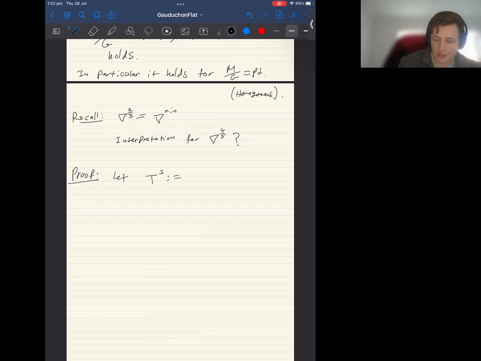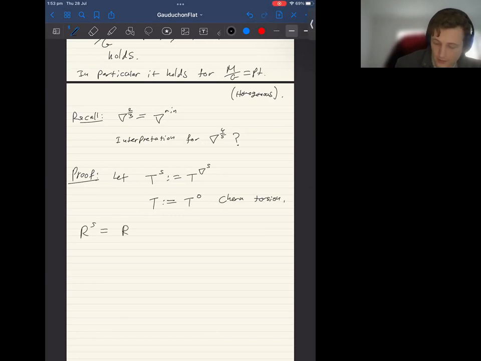By way of notation, let's denote the torsion by T^S, and let's call T without any S the Chern torsion, so the torsion for S equals 0. It's helpful to always work in terms of the Chern torsion because it's got very nice expressions in components and allows us to do quite a lot.